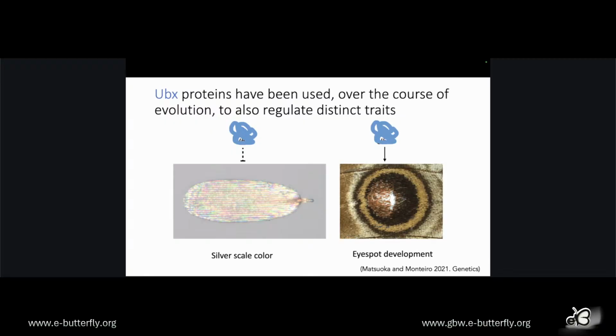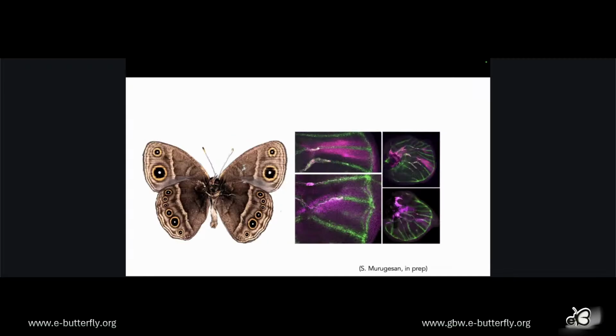So it's a gene that can have multiple functions, that can be used for tweaking the default forewing pattern in multiple ways in order to construct a completely novel hindwing pattern.